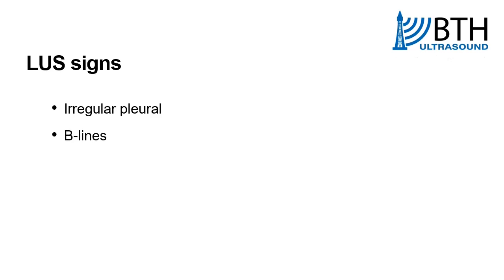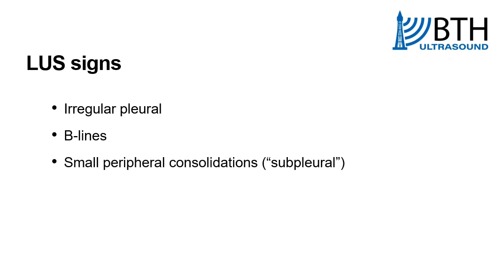You get B-lines being created. You have small peripheral consolidations, often heard as subpleural, but the literature is leaning towards small peripheral consolidations, which makes it great to be scanned by ultrasound, being a surface imaging technique.